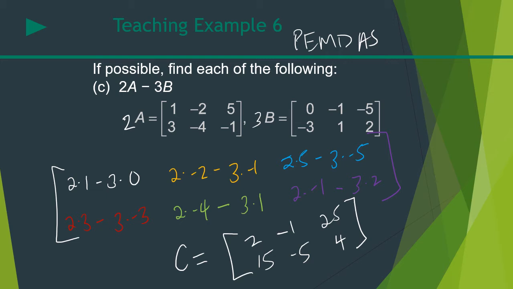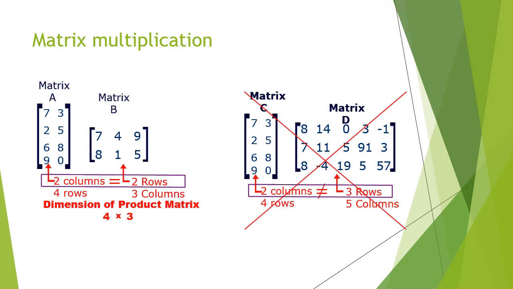Okay, so PEMDAS applies. And if you do not want to do it in one full step, you can do it in 2. You can multiply, and then add or subtract. Okay, matrix multiplication. So matrix multiplication is a little different as well. With matrix multiplication, a couple things have to be true.